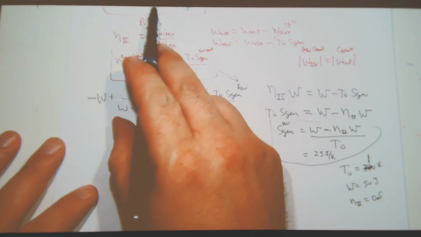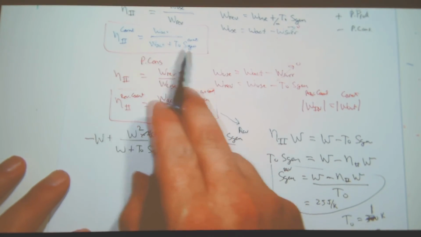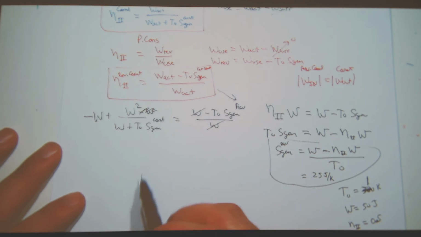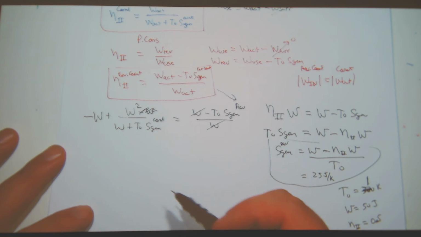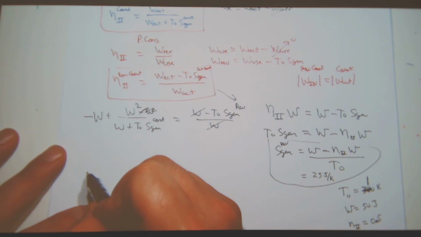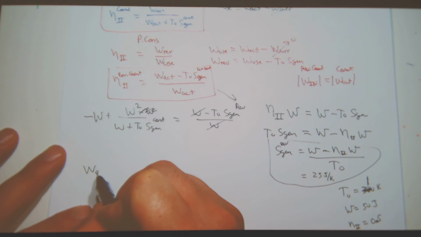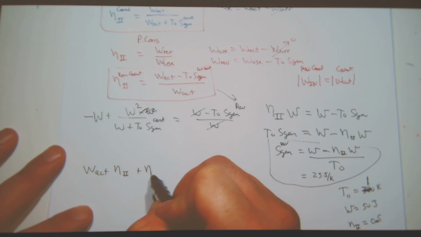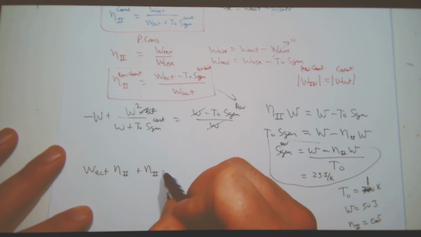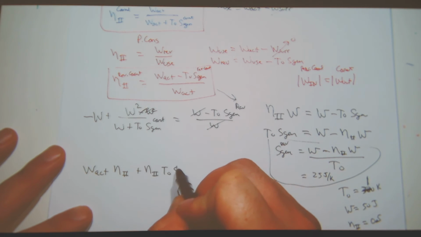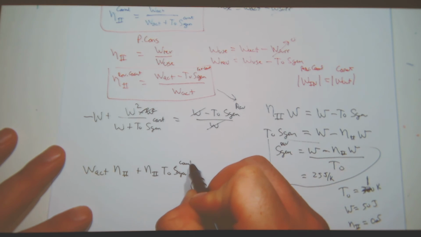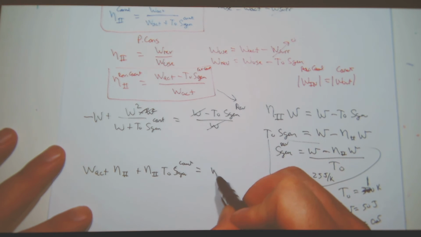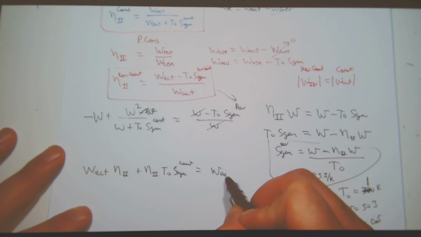Now I go up to this one right here, and I rewrite it. And when I do that, I get work actual times the second law of efficiency plus the second law of efficiency times T naught S gen Carnot equals the work actual.